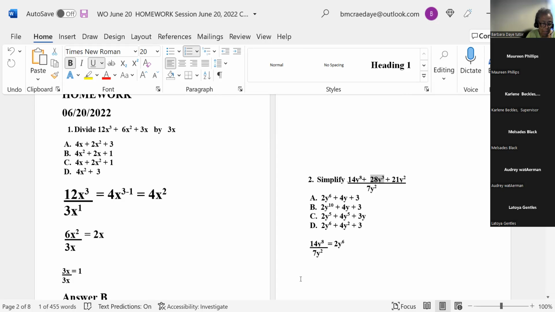So 28y to the 3rd, I put that there. Divide that by 7y to the 2nd. What is that equal to? Just a minute. Hold on, I can't see this number.